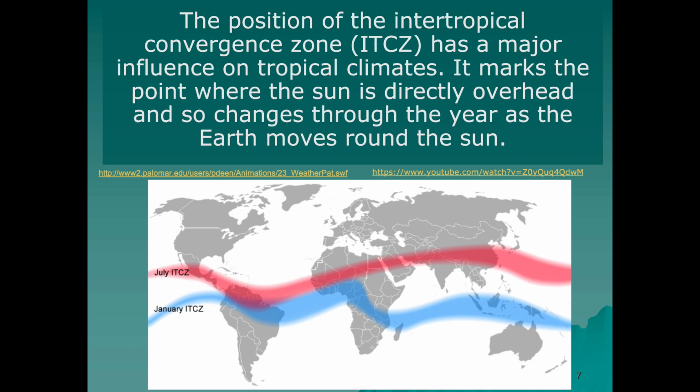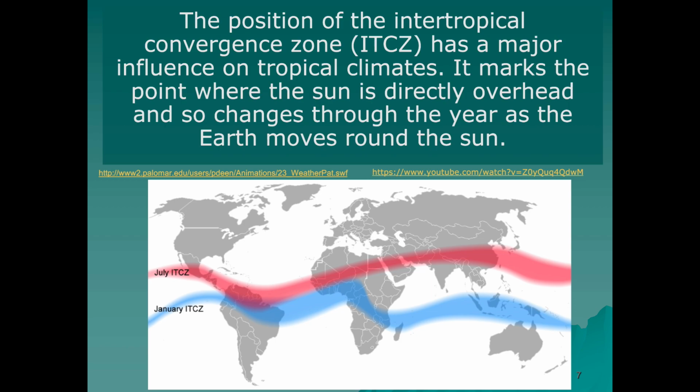We have the solstices and the equinoxes, and I'm not going to revise all that with you now because I've done that in a previous video, and if you still need a little bit of help with that, why don't you go back and re-watch one of those videos.